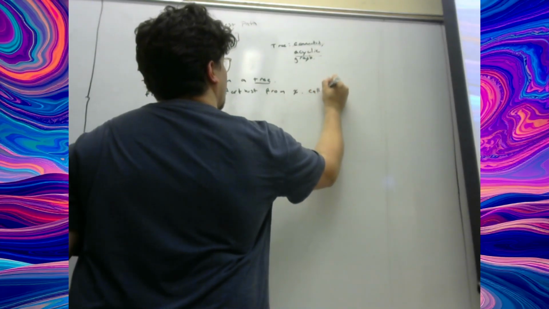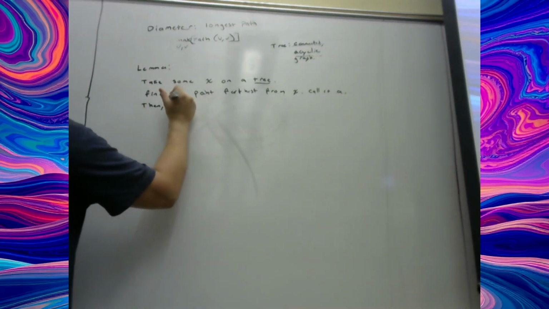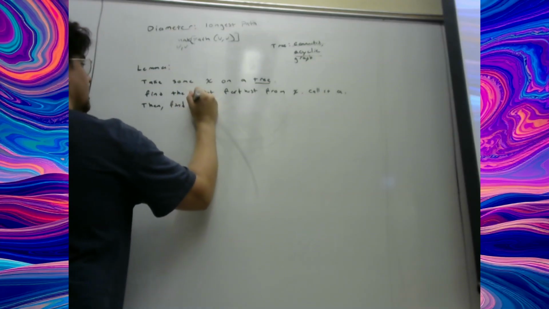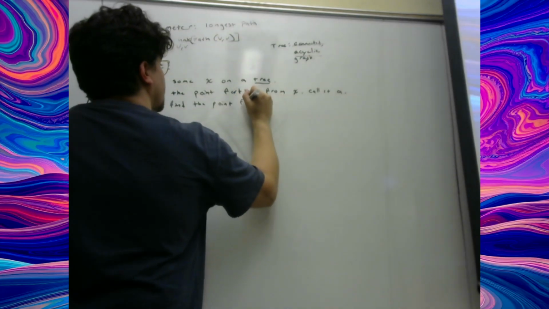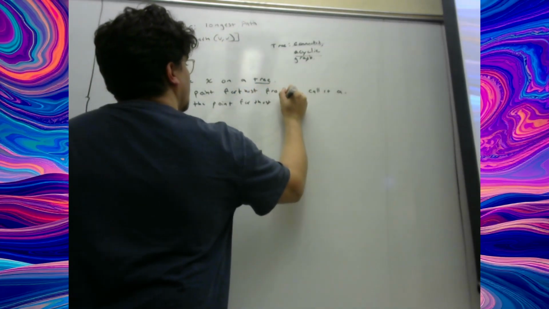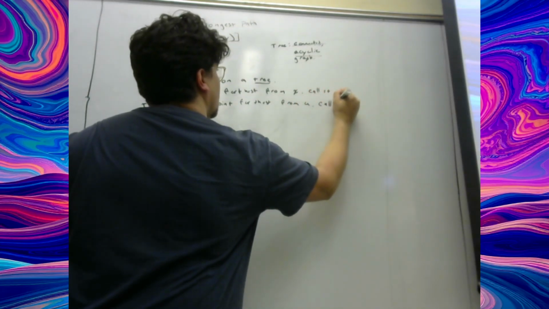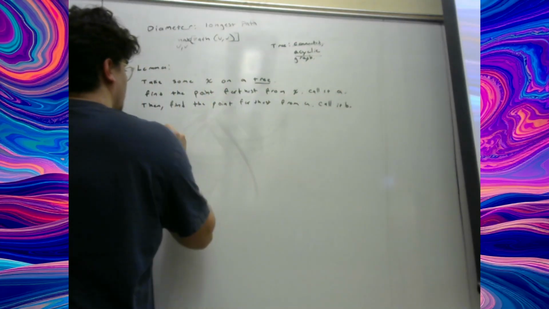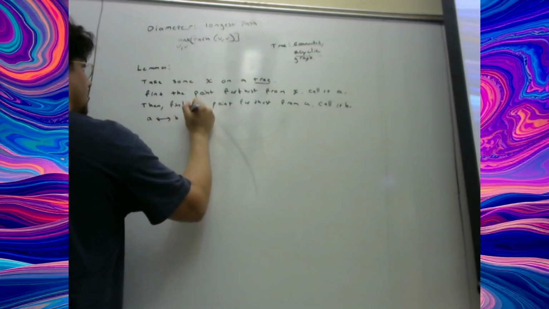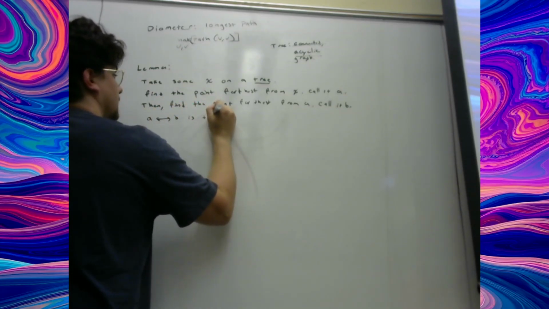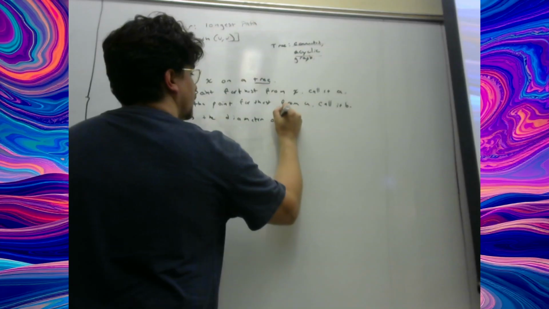Call it A. Then find the point farthest from A. Call it B. A to B is the diameter of the tree.